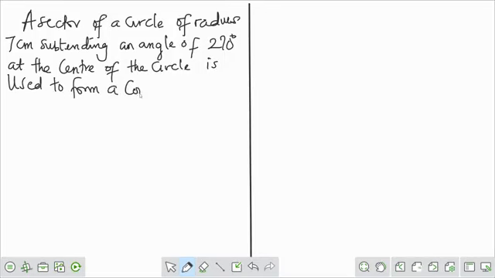You see it now. They will say a sector of a circle is used to form a cone. If they give you a question on this, you will know.